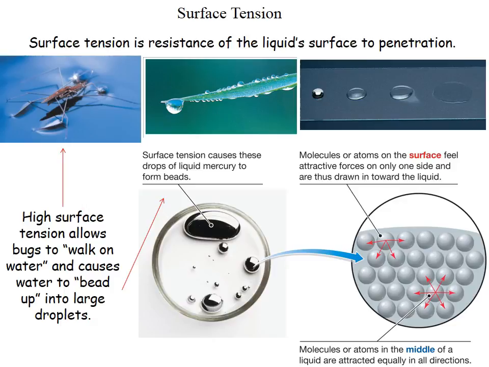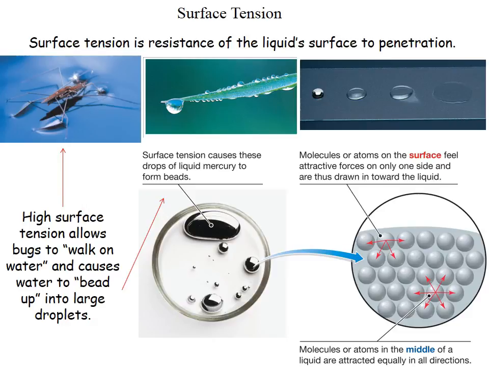And on the bottom right is a cartoon depiction from your book that is trying to explain how surface tension works. And it's a nice little cartoon picture of molecules. If you put your molecule glasses on, you can see that the molecules, or in this case atoms of mercury, that are in the middle of the sample are equally attracted by molecules on all sides. Because remember, these molecules feel a sense of attraction to each other, right?